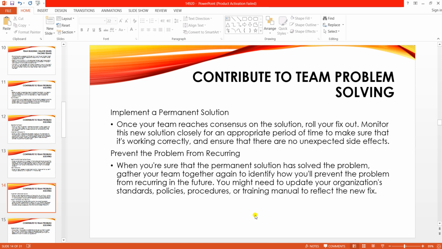So in terms of preventing the problem from reoccurring, you would highlight the mitigating steps and what needs to happen.